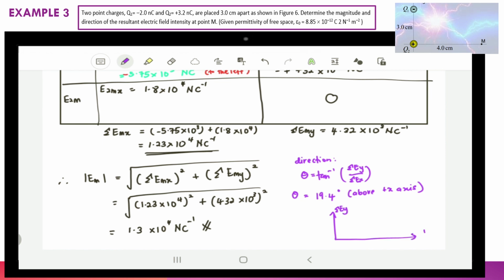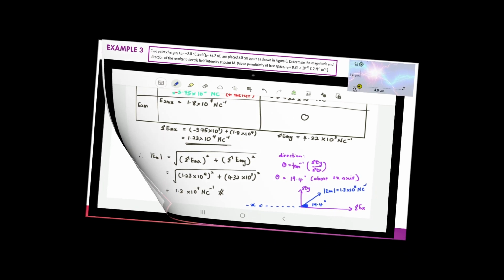So the resultant electric field on M is 1.3 exponent 4 Newton per Coulomb at this angle of 19.4 degree, above the positive x direction. On this side is the negative x direction. So we finish question number 3. Let's proceed to question number 4.